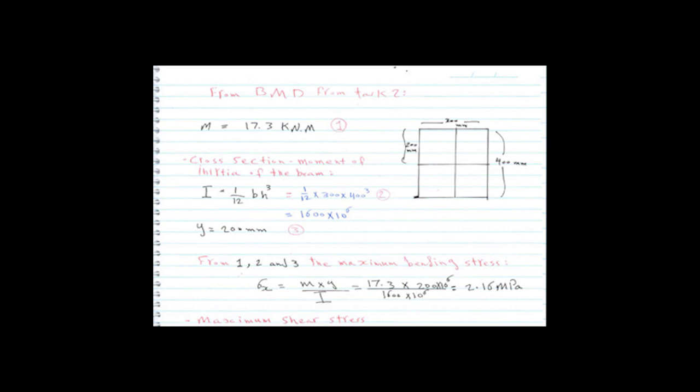And the second thing, I got Y as half of this cross section, which is 200. Because M equals 17.3 and I equals 1600 times 10 to the power 6, and I got Y, the maximum bending stress, sigma x, equals 2.16 MPa.